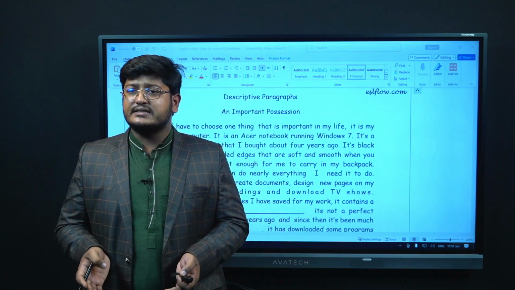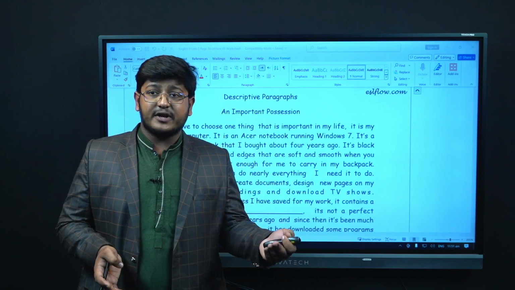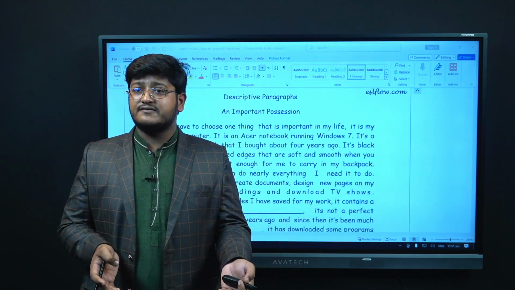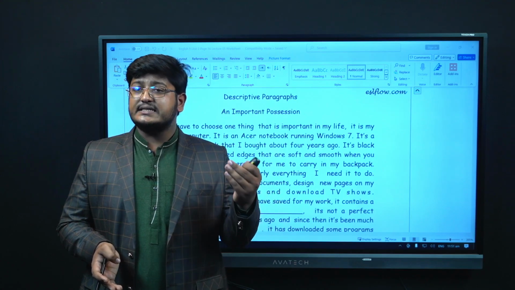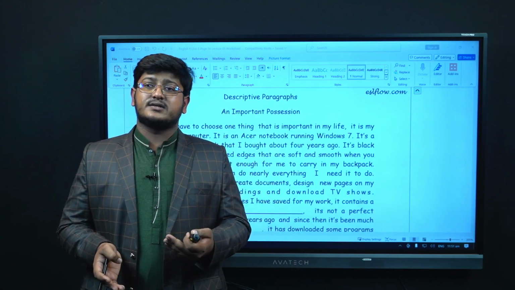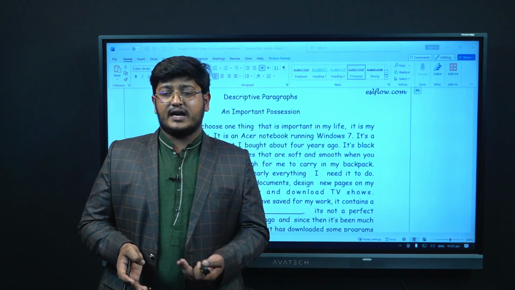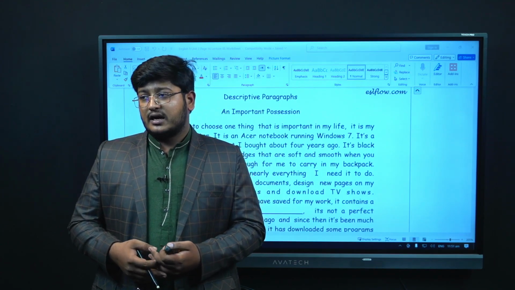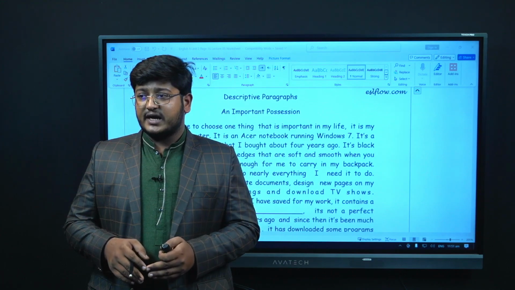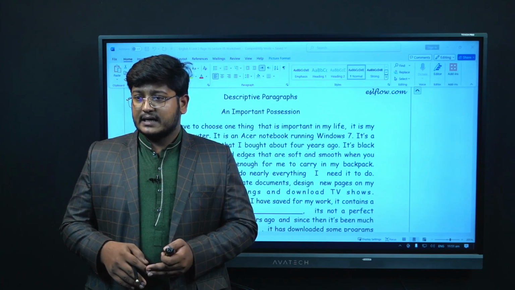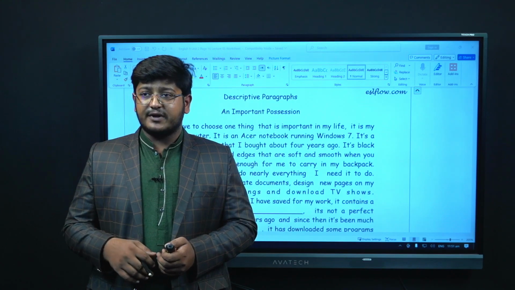These types of writings are supposed to be descriptive writings, and those paragraphs which describe some personality, place, or object are descriptive paragraphs. So I hope you have an understanding of descriptive paragraphs. Is there any other question regarding descriptive writing or descriptive paragraphs?